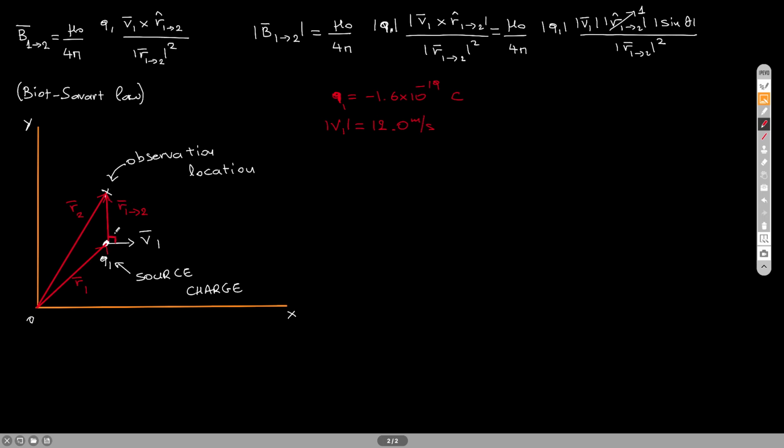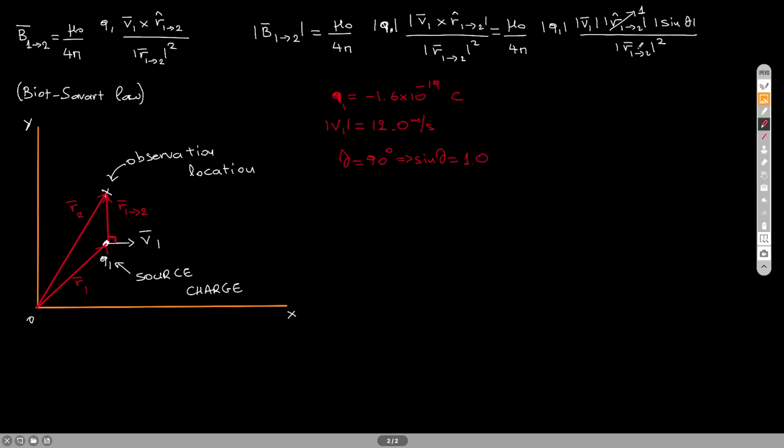The angle between the two vectors v and r, or r hat, they point in the same direction anyway. This angle is 90, and I know that the sine of 90 is 1, so theta is 90 degrees, which means the sine of theta is 1.